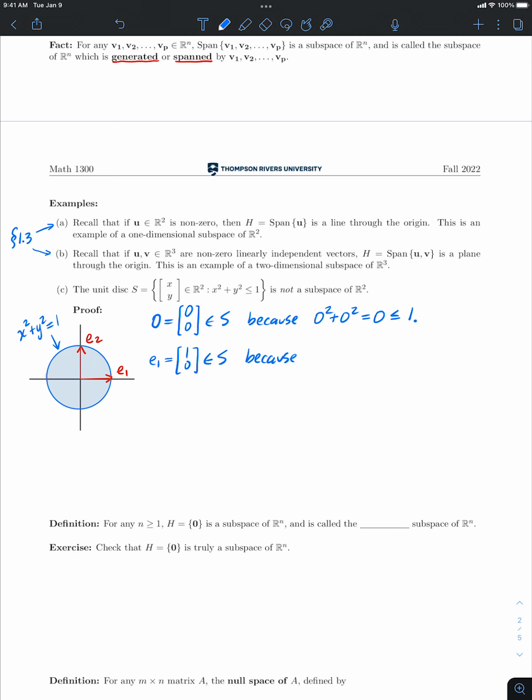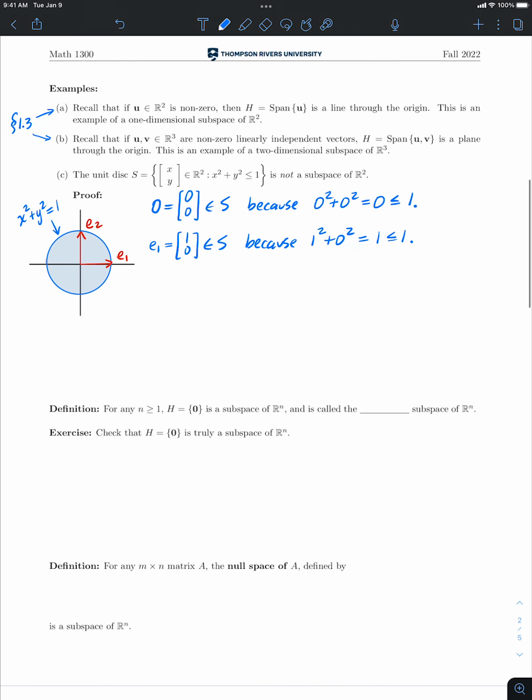Use the same way to check. If I plug in 1 for X and a 0 for Y, I'll get 1 squared plus 0 squared is equal to 1. Is that less than or equal to 1? Yeah, barely, but it still is. And same with E2. E2 is 0, 1. That's also in S for the same reason, although the coordinates are flipped, but I'll have 0 squared plus 1 squared, which is exactly equal to 1, which is less than or equal to 1.